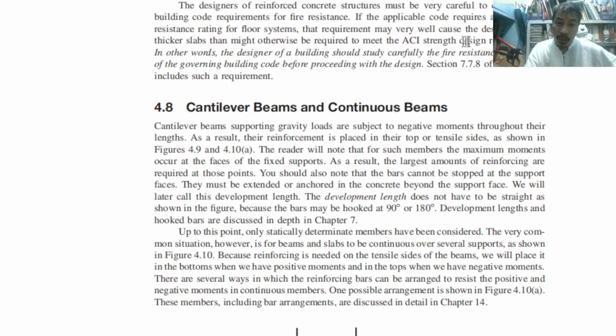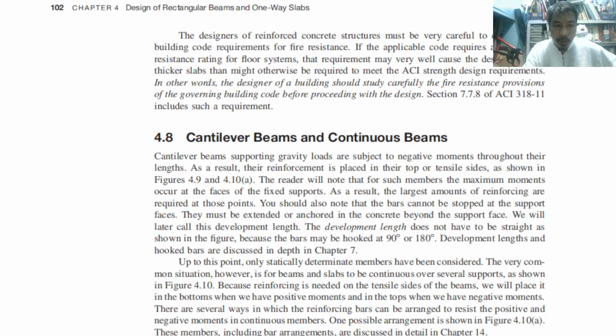So your slab design must be checked with the requirement for fire resistance. In other words, the designer of a building should study carefully the fire resistance provisions of the governing building code before proceeding with the design.